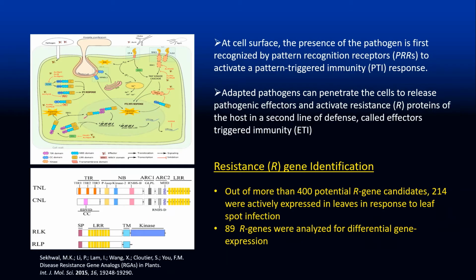Plants are naturally exposed to different environments and different pathogens. So they have suberin or waxy particles on the surface structure, as well as the cell wall and hairs to protect them. But once the pathogen penetrates the cell, it is recognized by pattern recognition receptors, or PRRs, representative of receptor-like kinases or receptor-like proteins that can activate a pattern-triggered immunity response.